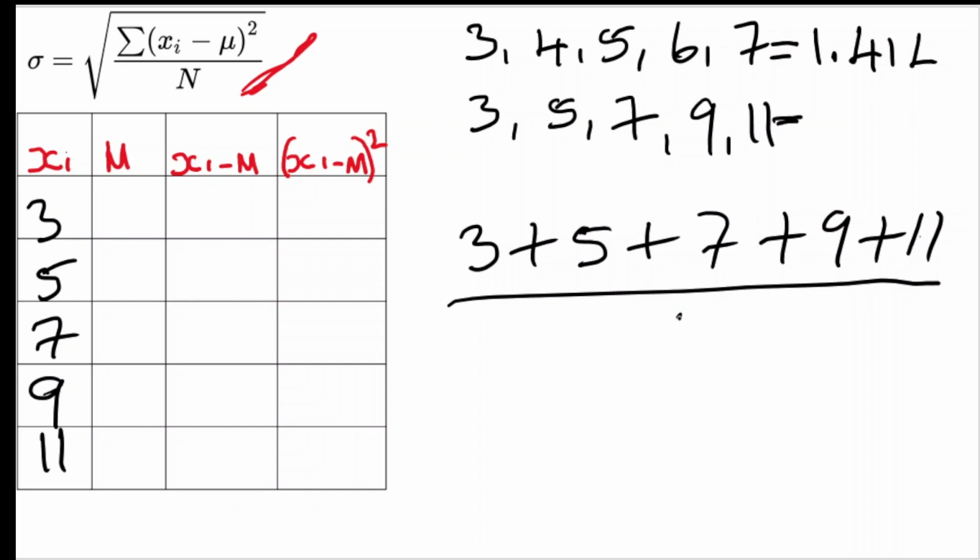Divided by 5. So our answer here is 3 plus 5 plus 7 plus 9 and plus 11 divided by 5 give us equals to 7. 7 is our mu. Let's write 7.